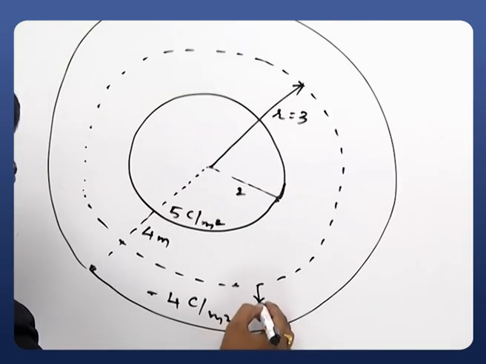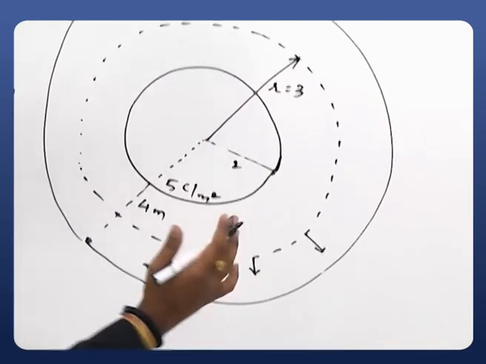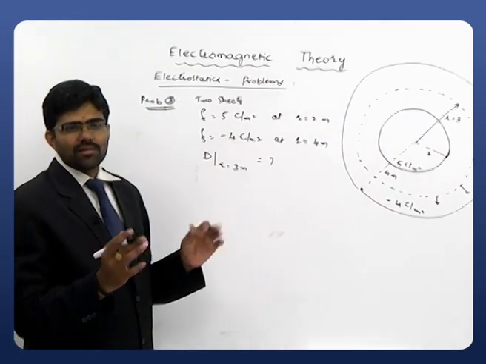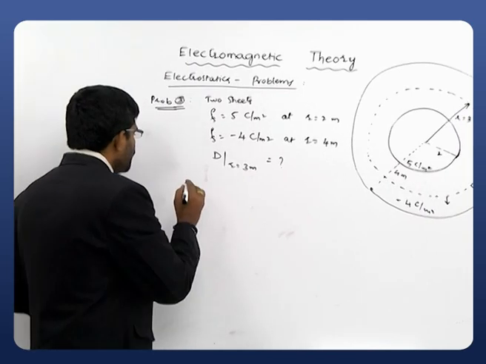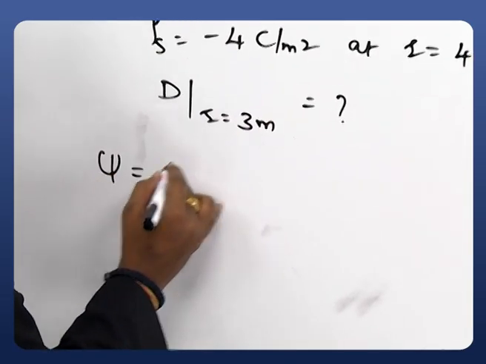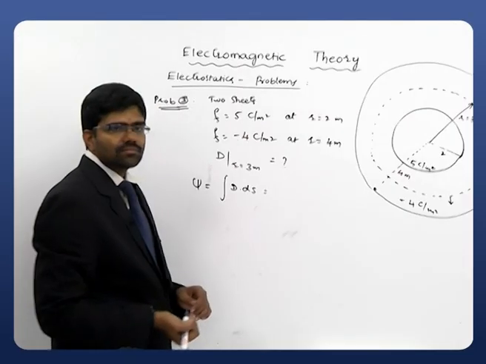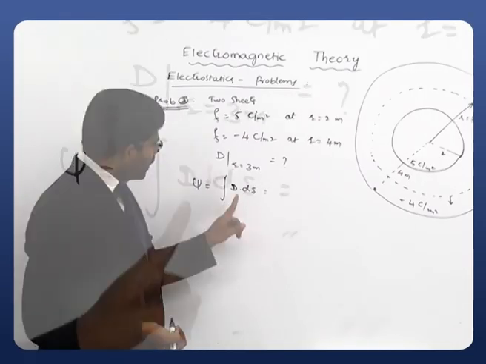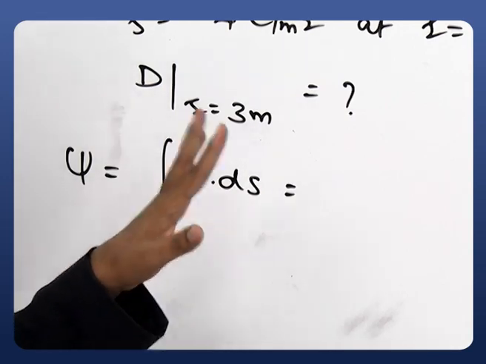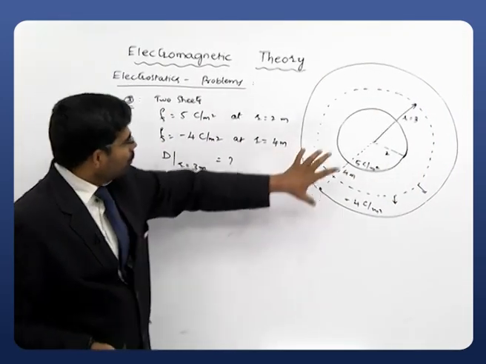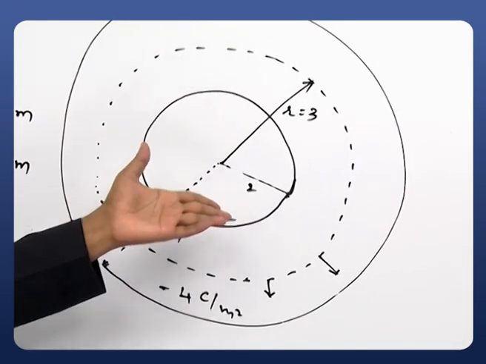The total flux leaving through the Gaussian surface will always be in the radial direction, and we can calculate that using its flux density. So, the total flux leaving through the Gaussian surface, psi, is equal to the integral of D dot dS. We are assuming this D is uniformly distributed on the Gaussian surface. So, the location we are considering now becomes the Gaussian surface, right?